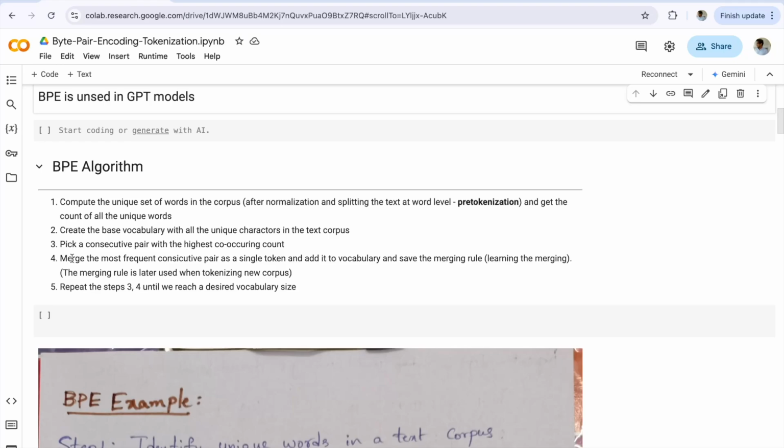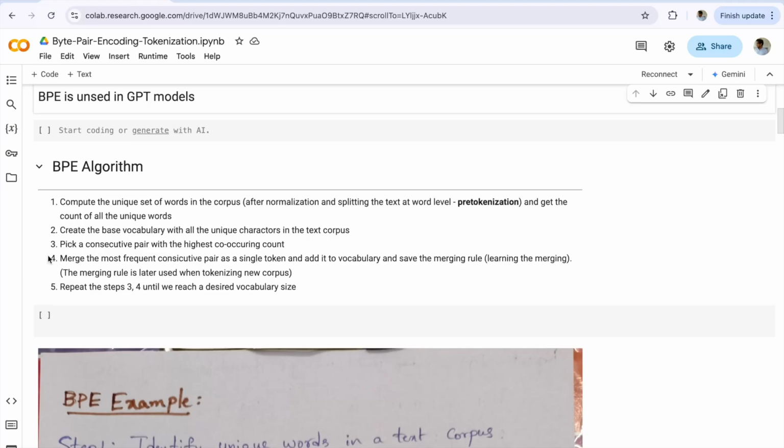As step 4, we merge the most frequent consecutive pair as a single token, add it to the vocabulary, and also save it as a merging rule. This process is called learning the merging rules. This merging rule is later used when we are tokenizing a new corpus or new words.